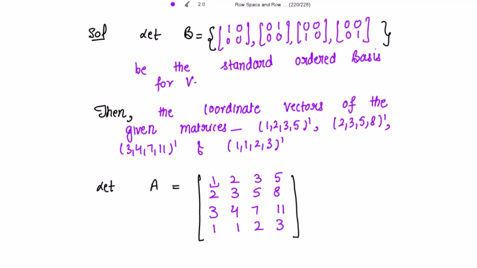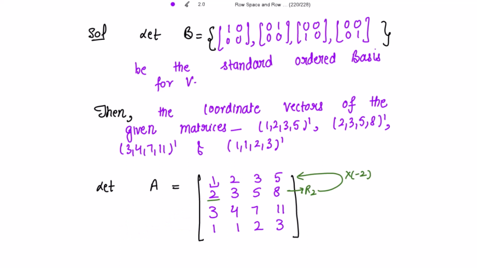So already we have 1 here. To make this our leading element, we need to make all other entries of the first column 0. For that, row 2 needs to be changed by adding to it row 1 multiplied by -2.